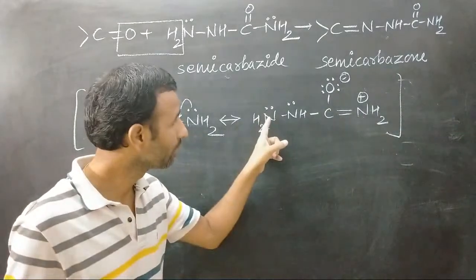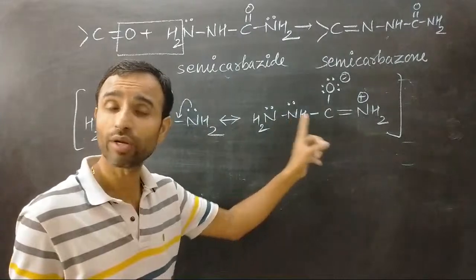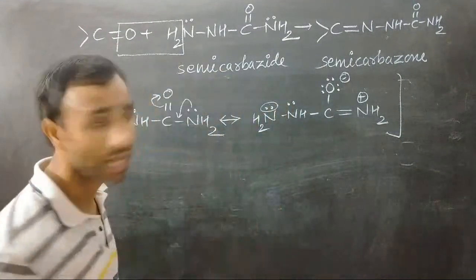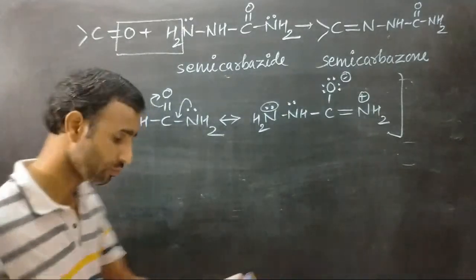But the lone pair on the NH2 which is away from CO is not involved in conjugation, so it is easily available for attack on the carbonyl carbon. Very good.